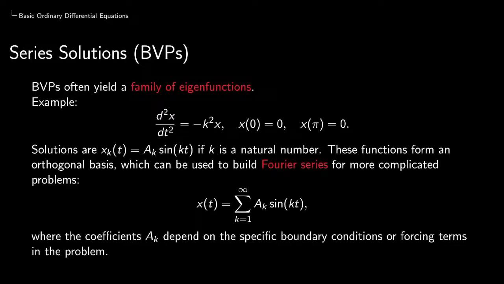And these a_k values are going to depend on boundary conditions, initial conditions, forcing terms for the problems. There's all sorts of things that can influence the values of these a_k. But if you want to build out a series solution, the eigenfunctions can also give you a way to do that.